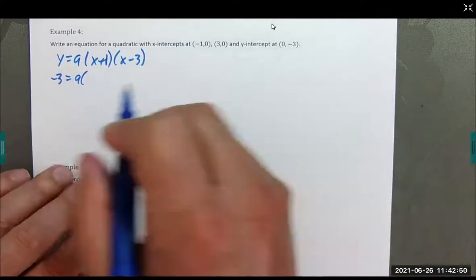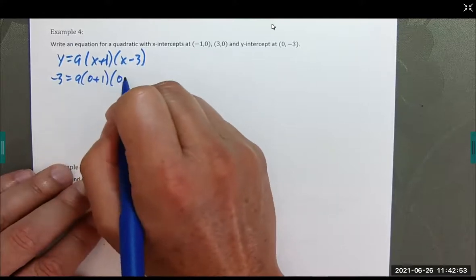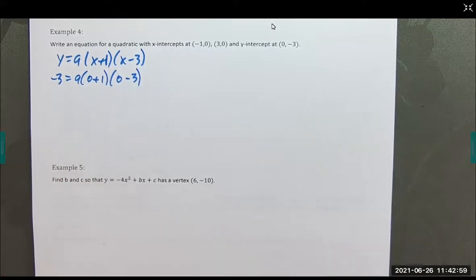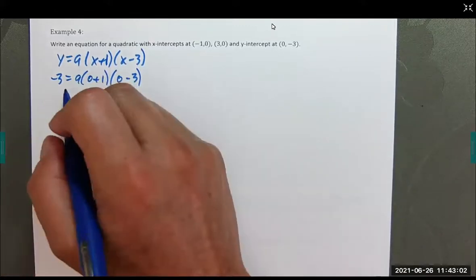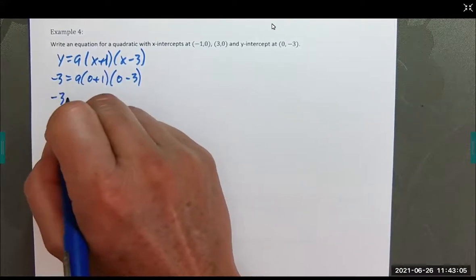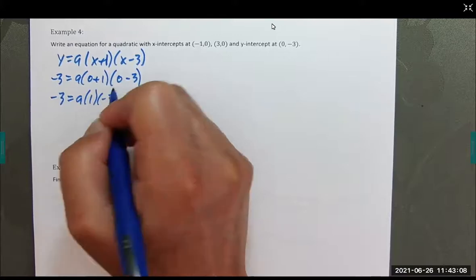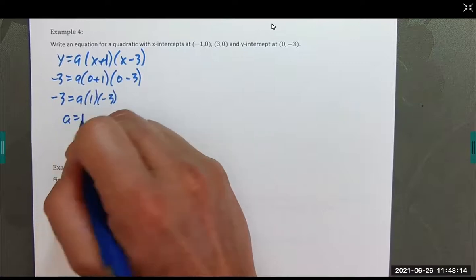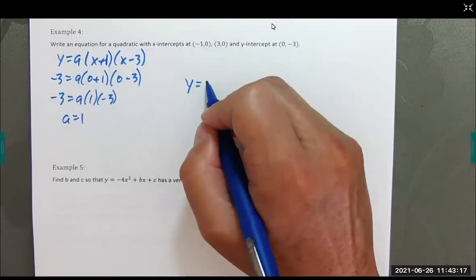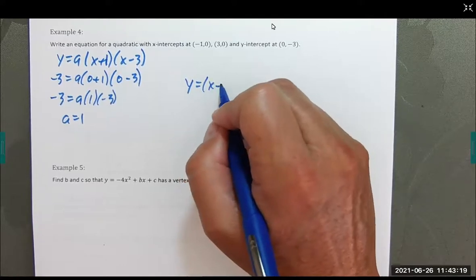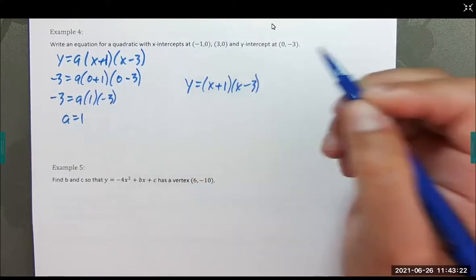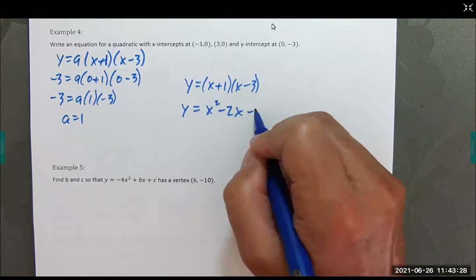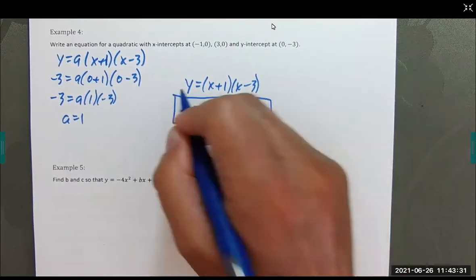X is now 0, 0 plus 1, 0 minus 3. Divide both sides by -3, I get that a equals 1 in this case. So what's y? Y is just x plus 1, x minus 3, and we can FOIL that together. X squared minus 2x minus 3. And we could even write it in the other form if we wanted to as well, but that's good enough.